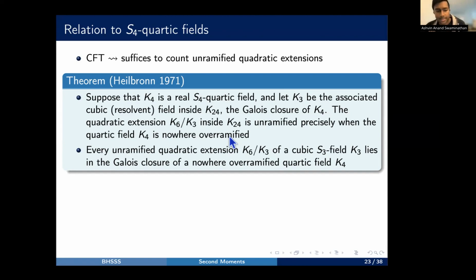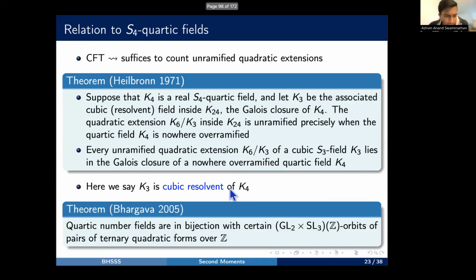And as a converse, every unramified quadratic extension of an S3 cubic field lies in the Galois closure of a nowhere over-ramified quartic field. So here K3 is known as the cubic resolvent of the field K4. And the point is that by Heilbronn's theorem, it suffices to count these nowhere over-ramified quartic fields.